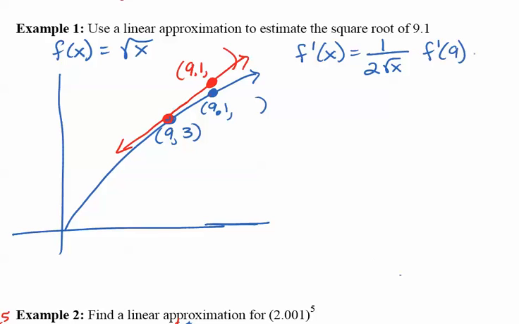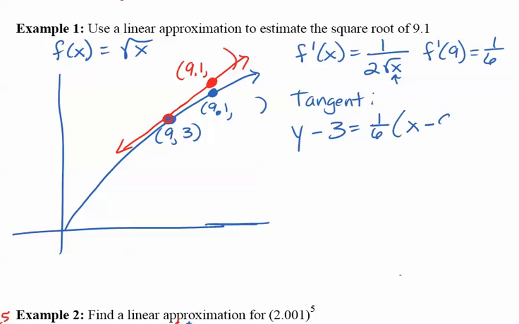So I simply need the derivative when x is 9, and we'll get 1/6. So our tangent line has the equation y minus 3 is equal to 1/6 (x minus 9).